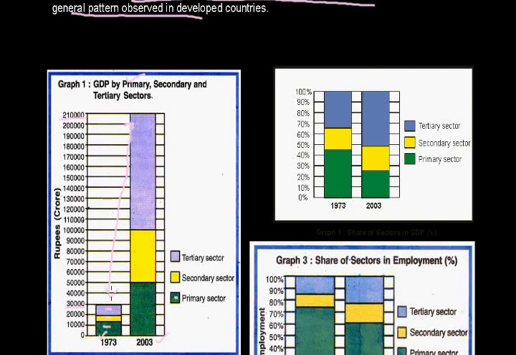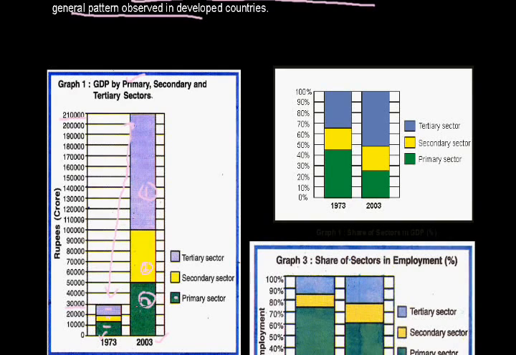The same thing has been noticed in the contribution of the sectors, but there was a major change. Earlier the primary sector was the maximum contributor, second number was held by the tertiary sector, but in 2003 the maximum contribution is made by the tertiary sector. The second comes from the primary, and the third, or equal contribution, is from the secondary sector. So that is the major change.